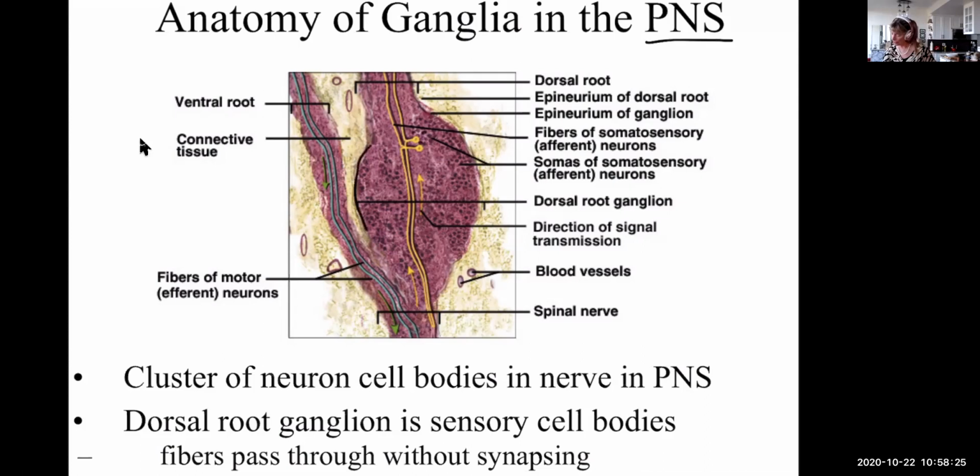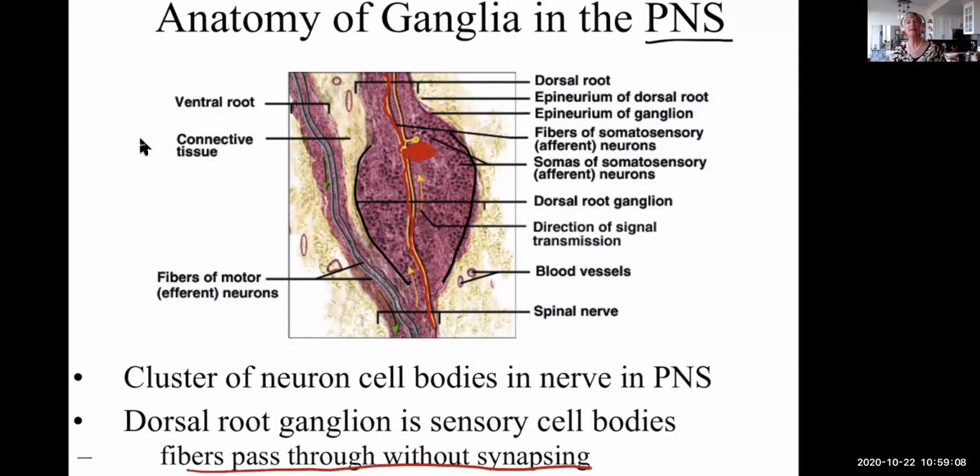So it's a protrusion that is medial to the spinal nerve. And it includes, so here you can see drawn out a unipolar sensory neuron. And here is the cell body. But in the case of the dorsal root ganglion, the fibers pass through without synapsing. So in this case, they do not synapse in the ganglion.